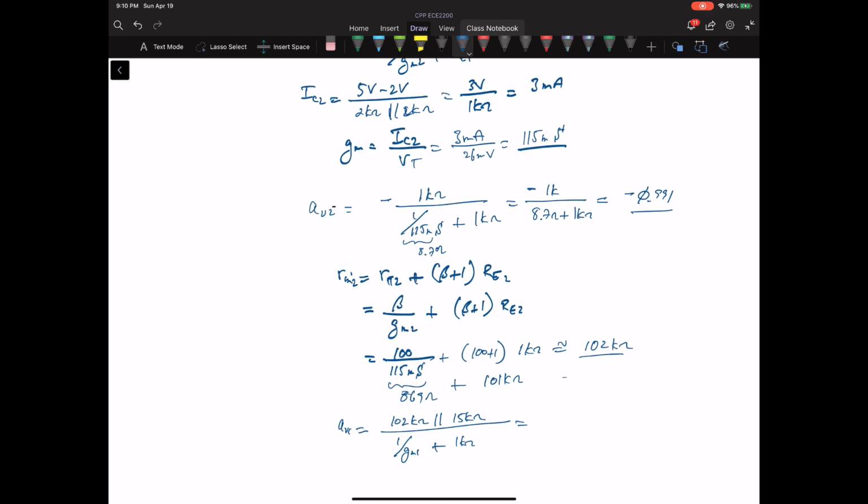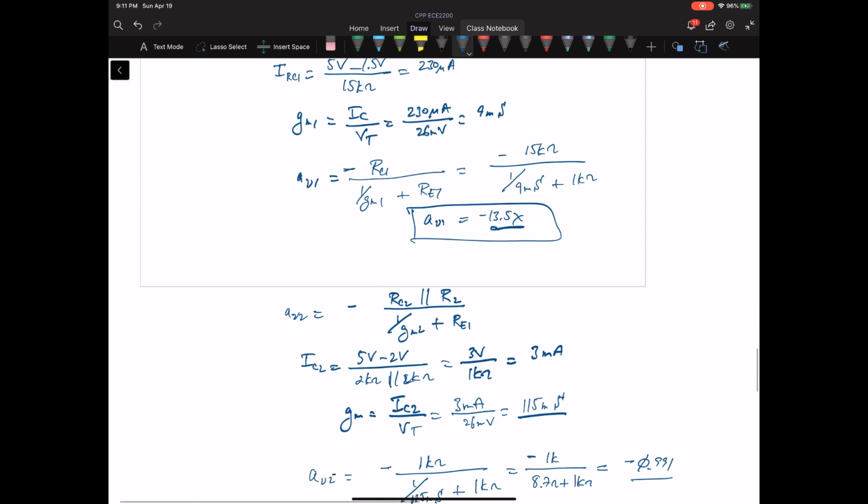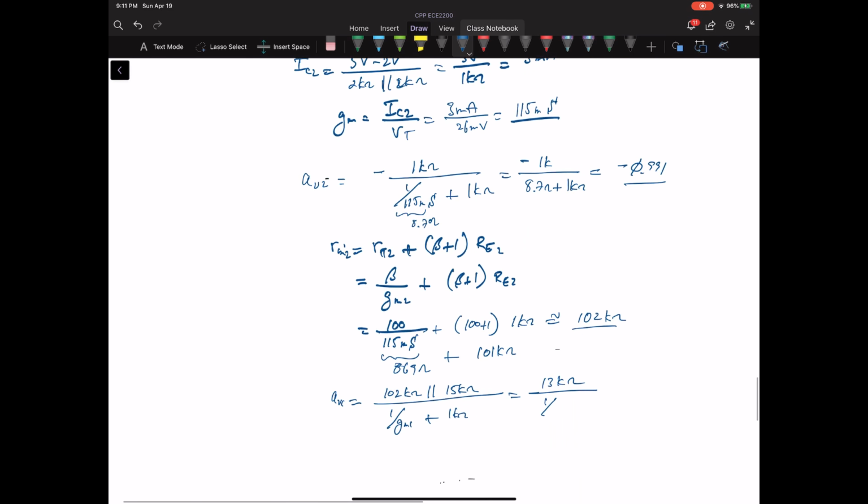Okay, so let's see. 102 plus 15, so this ends up being 13 k ohm, divided by 1 over G sub M. I'm going to say that's the same as before, 1 over 9 millisiemens.